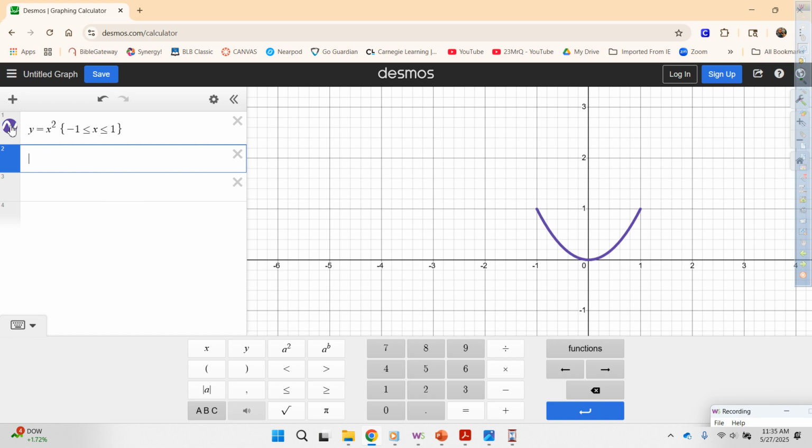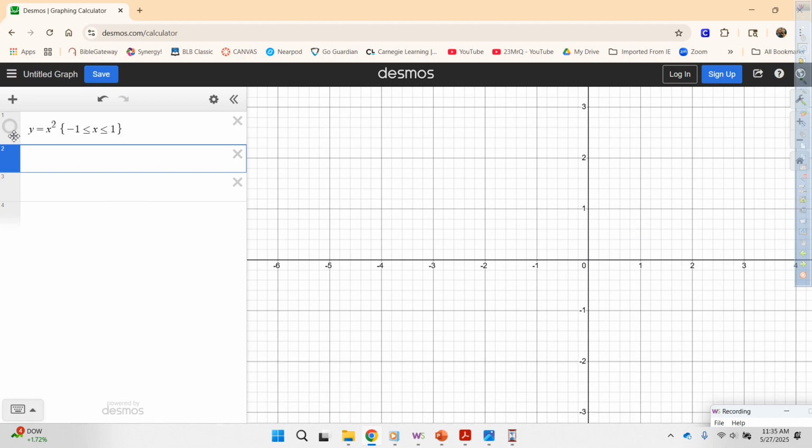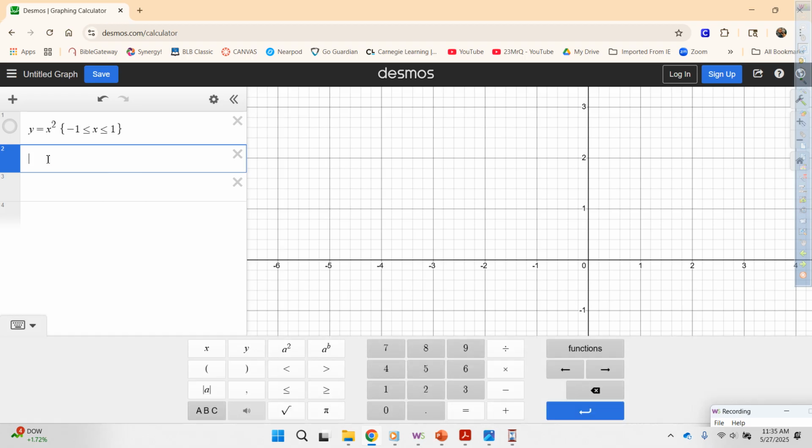How we doing? All right, next. Turn that button off right here where the little color thing, click it. And let's go to the second row. We're going to type in another function.